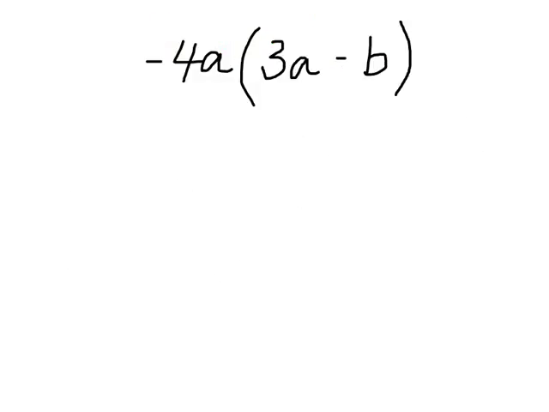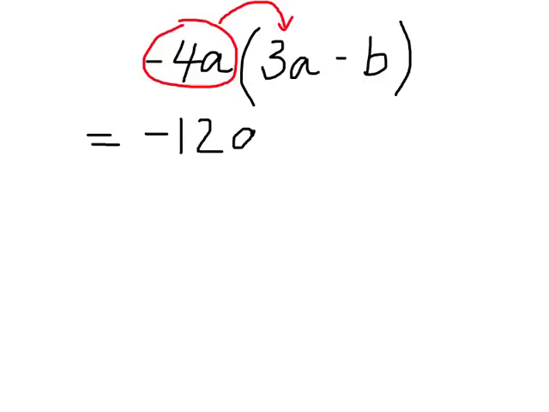So here we've got an example that just has 2 negatives in it, so I'm just trying to make you aware that we have to be really careful with our negative multiplication. So first of all, outside of the brackets we've got negative 4a, and we're multiplying that by 3a, so negative 4 times 3 is negative 12, a times a is a squared.